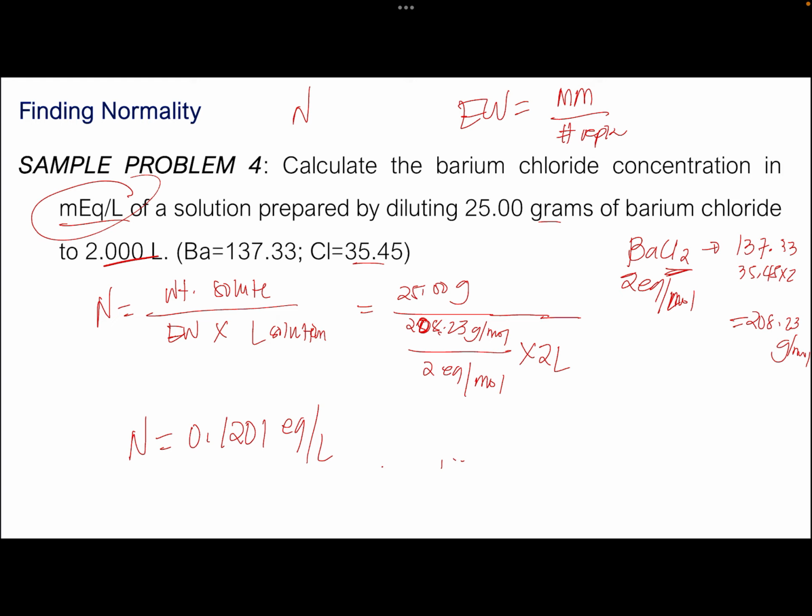However, what is asked here is milliequivalents. So we will use the conversion factor. 1 equivalents per liter is equals 1,000 milliequivalents per liter. So the answer for this one is 121.0 milliequivalents per liter.